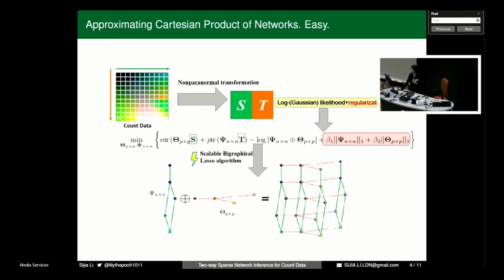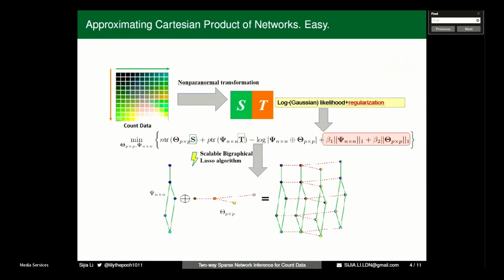The overall process of this model is that we have some count data, because unfortunately sometimes data don't just come as continuous data that you can plug into a Gaussian process. So we have to deal with count data here, but we still want to use the Gaussian distribution because it's mathematically convenient.